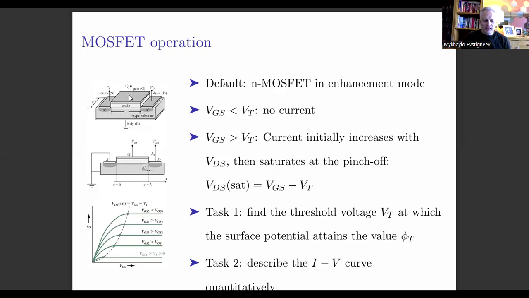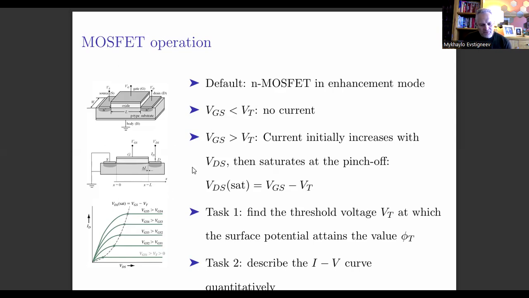And now by applying the voltage to the gate, positive voltage, you are affecting the value of the surface potential right underneath this oxide layer. And you can make it positive, and you can make this surface potential reach and then exceed the threshold value, and thereby you will be creating this inversion layer, which will connect electrically the source and the drain, and then the current would be flowing between the source and the drain if you apply voltage.